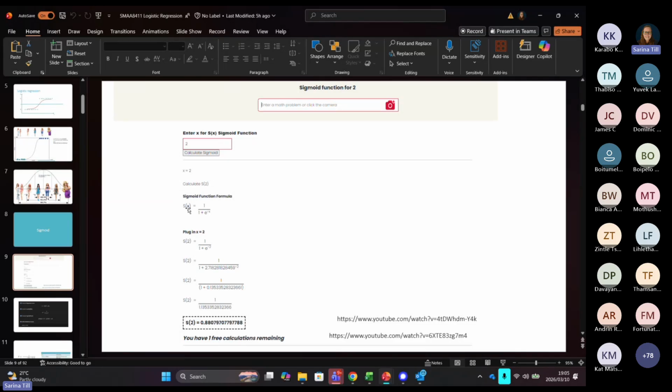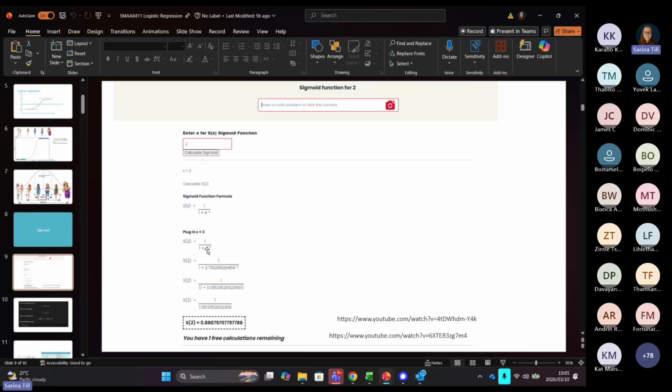The sigmoid function of 2 is 1 over 1 plus Euler's number, which is 2.718. It's always 2.718. It's a magic math number. Just remember it as that, to the power of negative x. So if we plug it in, let's say S(2) equals 1 over 1 plus e to the power of negative 2.